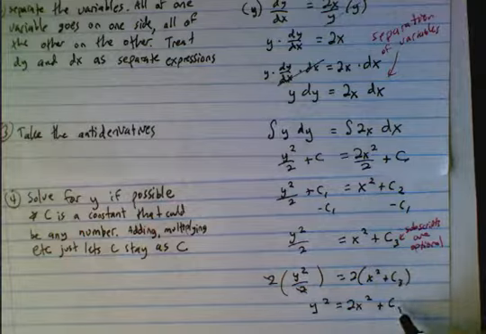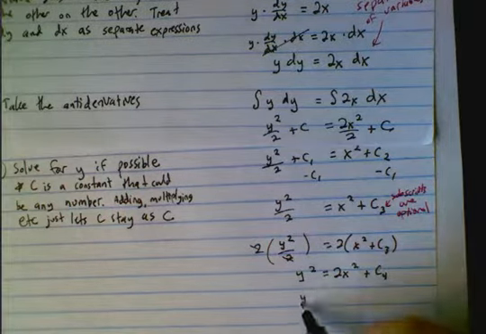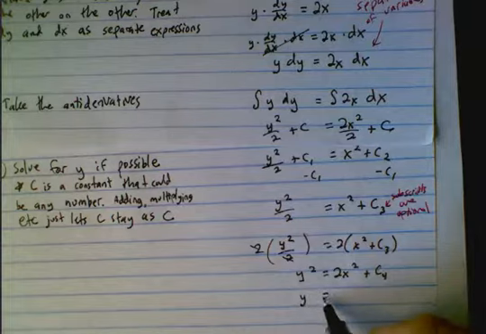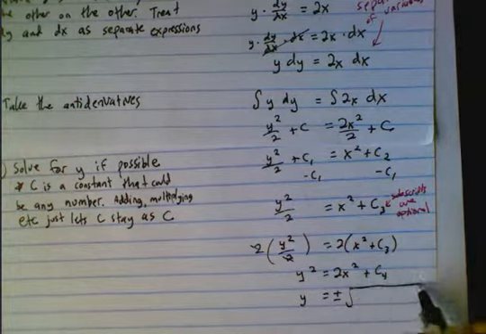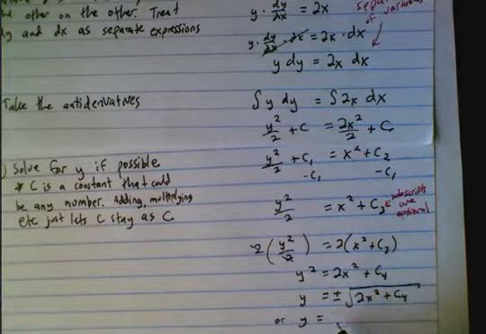Two times c is still yet another c. And then we can take plus or minus the square root.